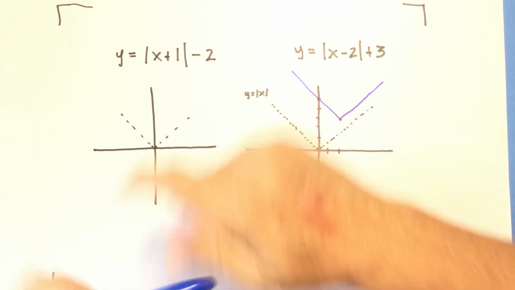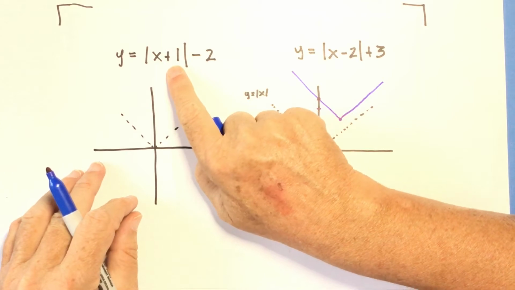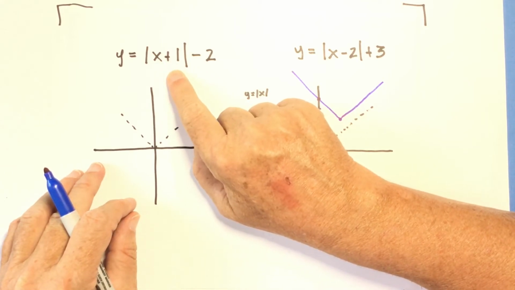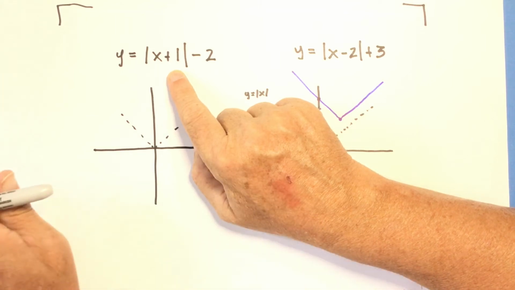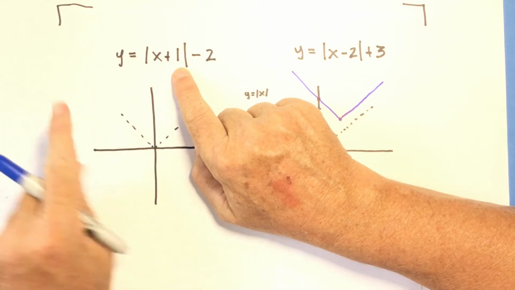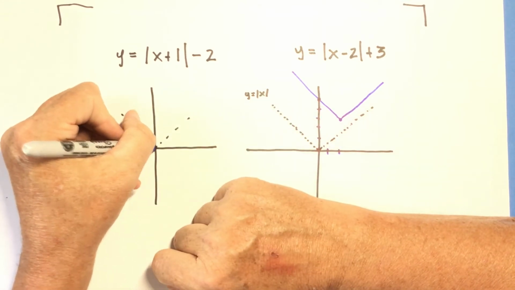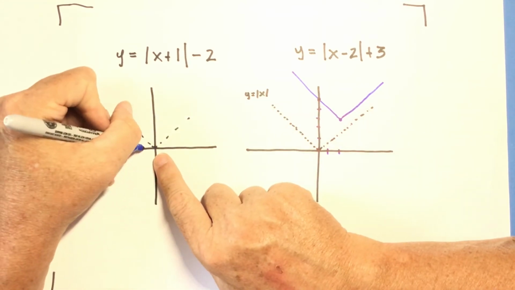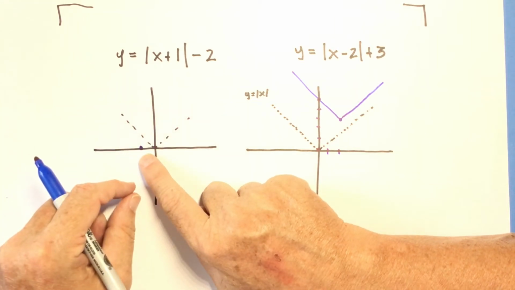So what have we done to the parent graph by adding these numbers in here? Well, I added a 1 in here. And when you add a number inside the absolute value, you're shifting the graph to the left. Adding a number shifts to the left. Subtracting a number shifts to the right. So adding this, that means this point that was right there has now been moved 1 space in the left direction.